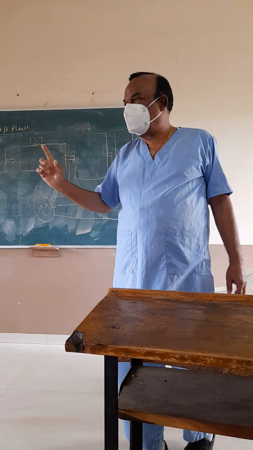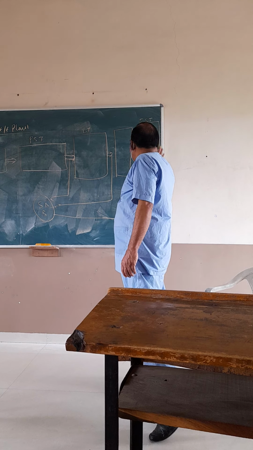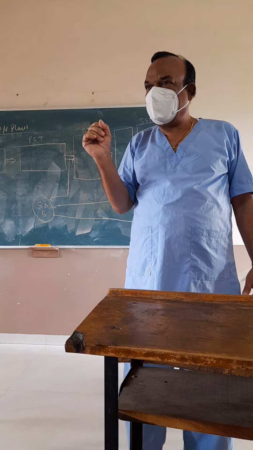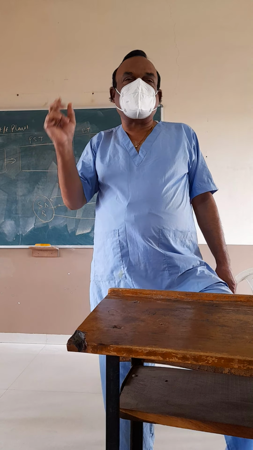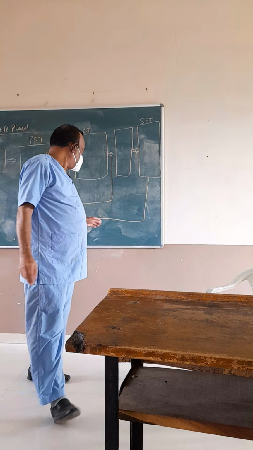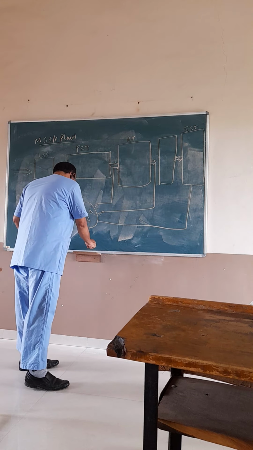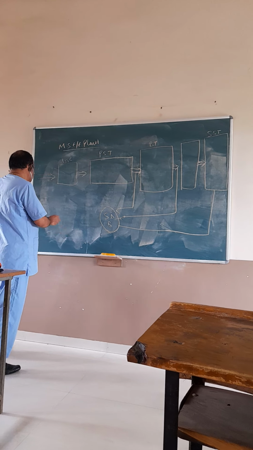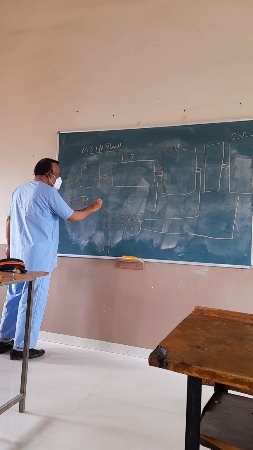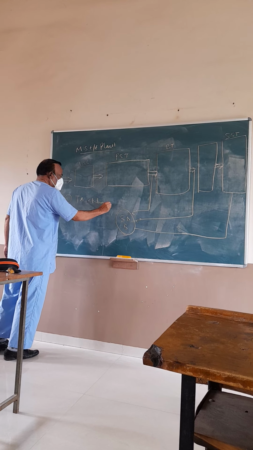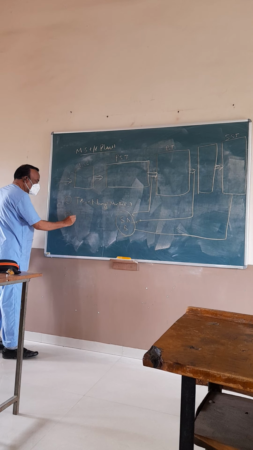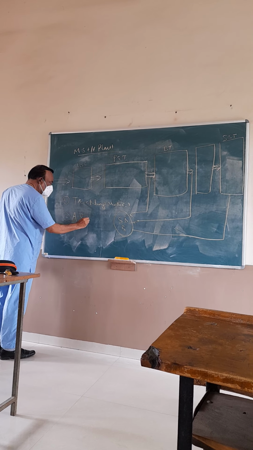First, I will discuss the effluent. What is the destiny of effluent where the chlorine is added? This effluent is subjected to two things. Number one is the trickling method, and second is the activated sludge treatment.